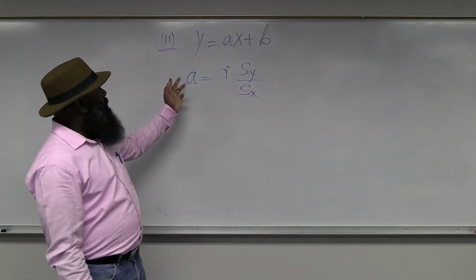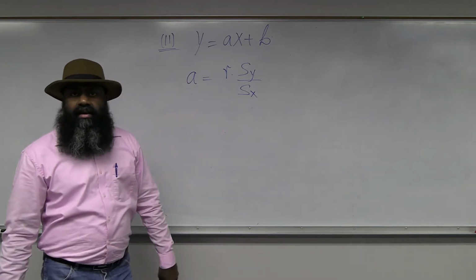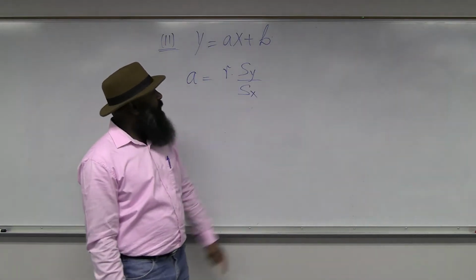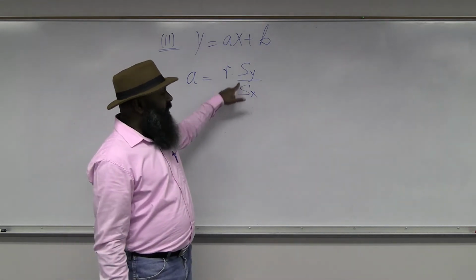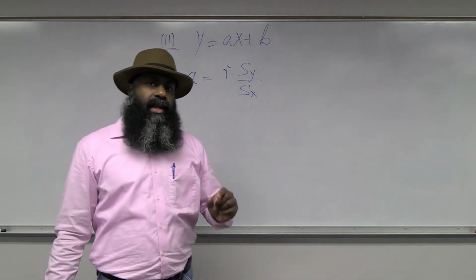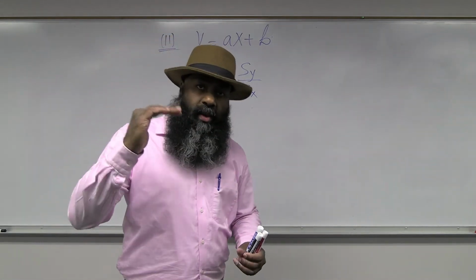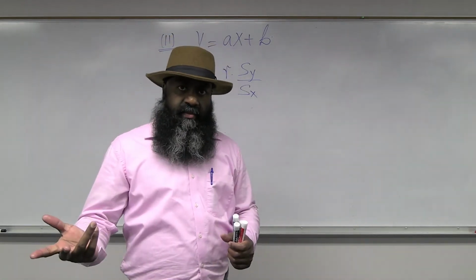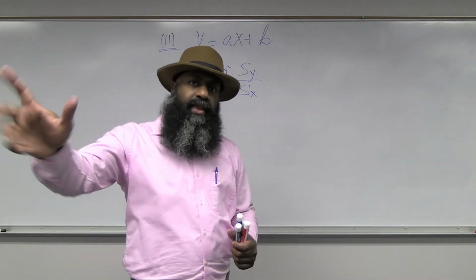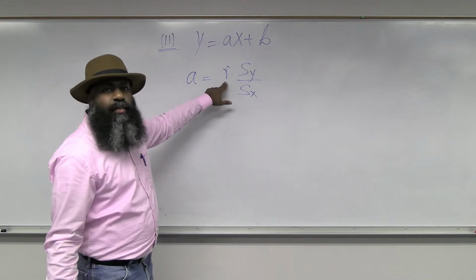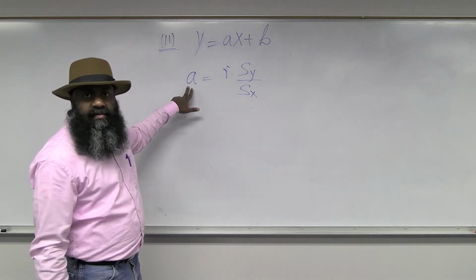Now, what's the relationship between A and R? Well, we know that standard deviations are always positive, because standard deviation is calculated as the positive square root of the variance, and variance is always positive. So these two values are always positive. If your R is positive, your A will be positive.